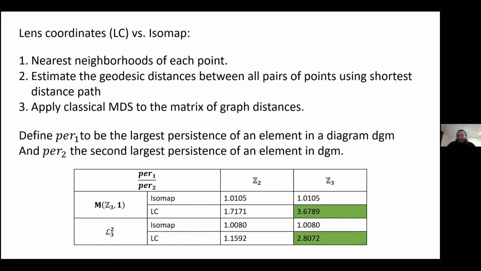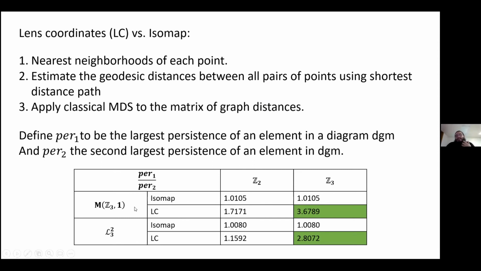I go down to the same dimension, and I compute persistent cohomology. And what I'm doing is taking the most persistent and the second most persistent classes in H1, and computing the quotient between their lifetimes. This is basically telling me how far away the most persistent class is from the cluster of other classes that you should expect to see in this case.